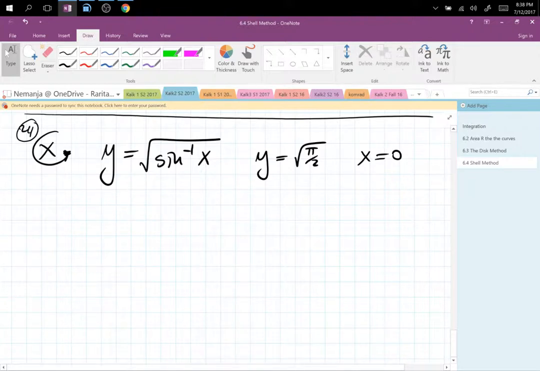Look at this. Where's the rotation? On x. So it has to be dy. But look at the function, how it's given. It's y equals, right? So what's the first order of business? Square everything and make it x equals everything, in which case you are losing the inverse sine.